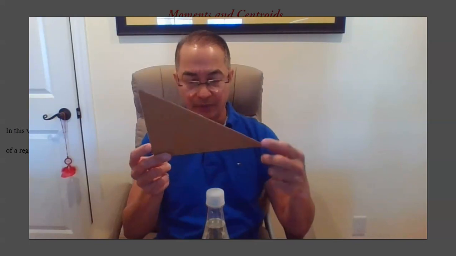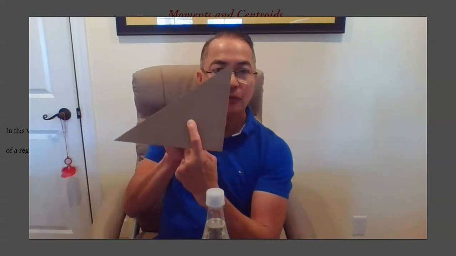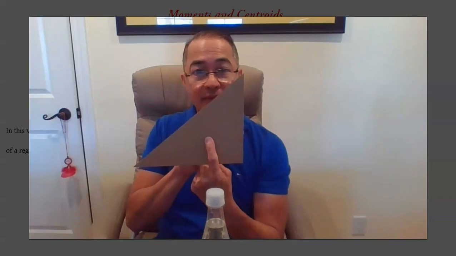Looks like it's going to be heavier over here. So let's try over here. And still wobbling a little bit, and almost there. Okay, that's about as stable as I can get it. So if I put my finger over there, that should be where the center of gravity is.